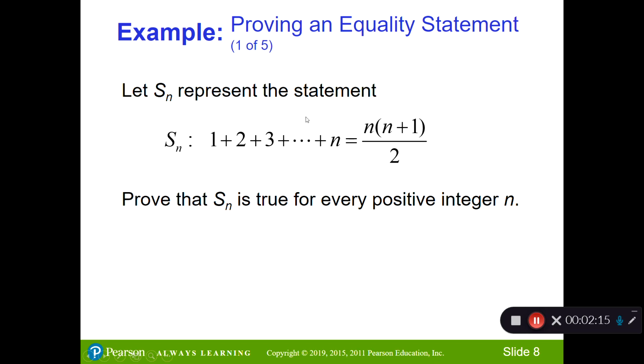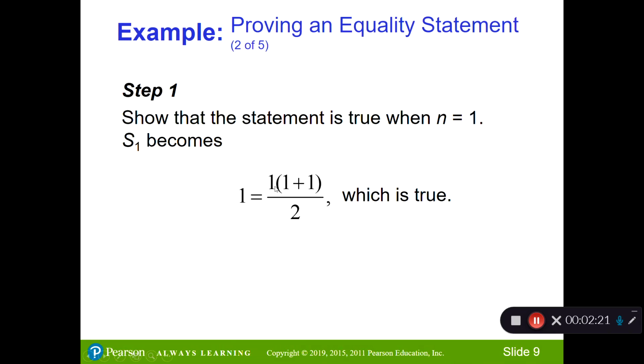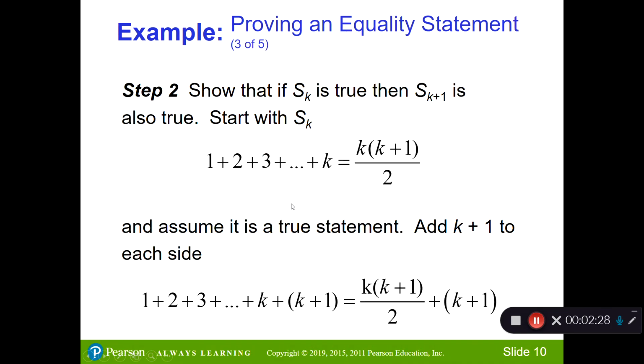Let's look at our claim. So, if I want to use mathematical induction to prove that this is true, the first thing that I do is prove that it's true for n equals 1. Okay, that's a true statement. We already showed that. Now, start with the kth statement. So 1 through k equals k times k plus 1 over 2.